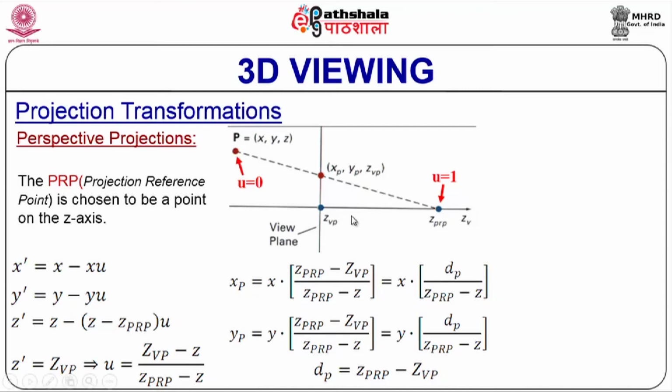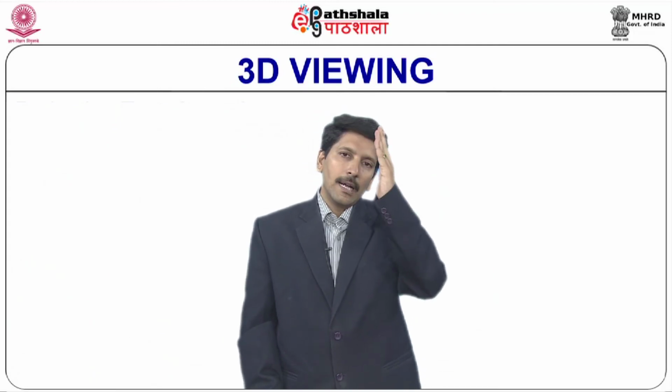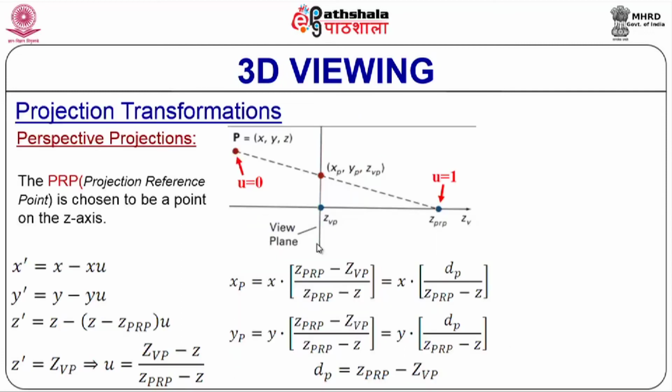Now P is equal to (X, Y, Z) is the initial position. Now this position in the 3D space is to be projected onto the view plane. This is the view plane, and it hits the view plane here at XP, YP and ZVP. It is because we know the view plane is nothing but a plane which is in the XY plane with the equation Z is equal to 0, or a plane that is parallel to Z is equal to 0, which has the equation ZVP.